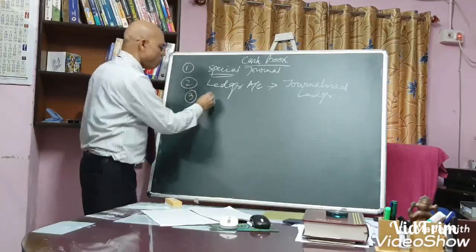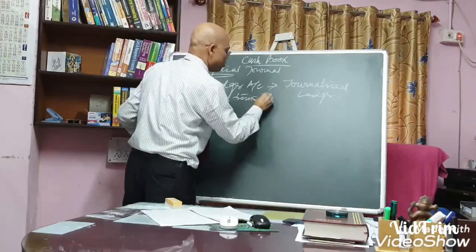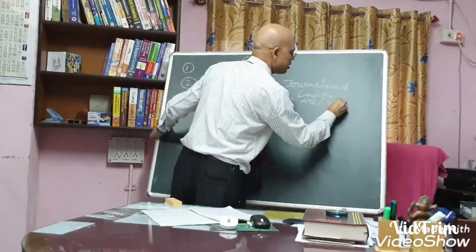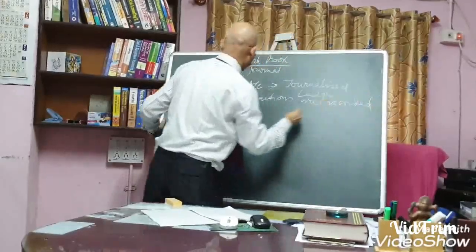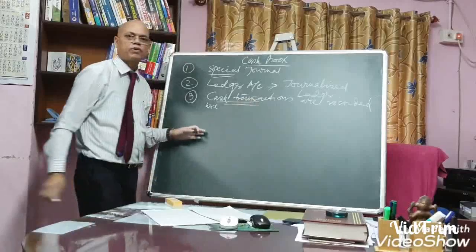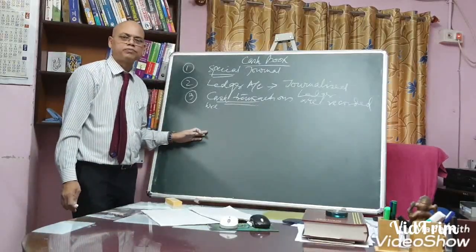Number 3, only the cash transactions are recorded in cash book. Only the cash transactions. No credit transactions are recorded in cash book.